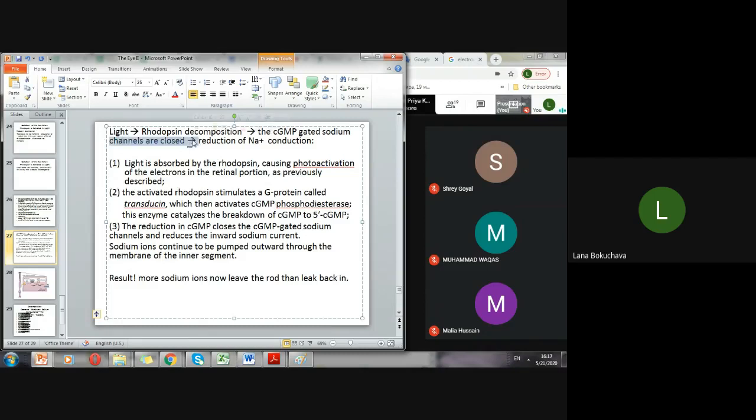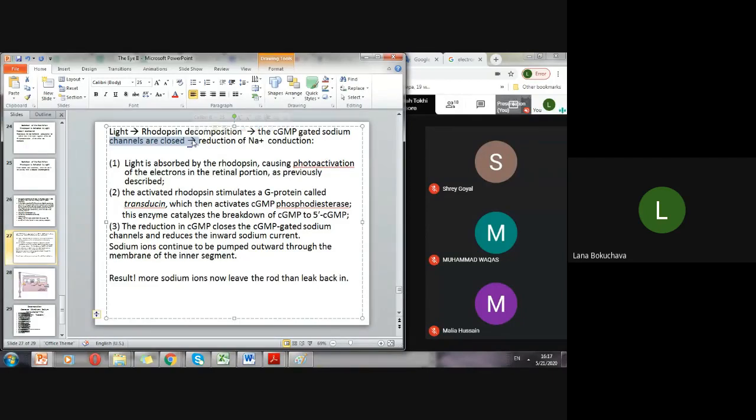Do you remember I told you that we have this sodium channel, which was a cyclic GMP gated channel? We have the closure of it, so there is no leakage of sodium into the cell, as you can see here.